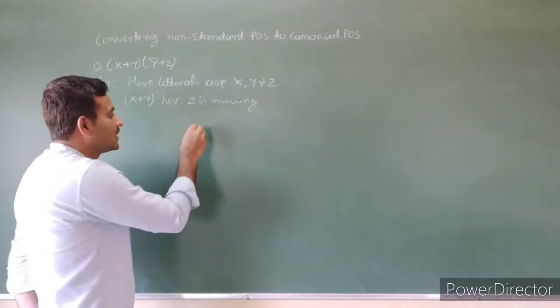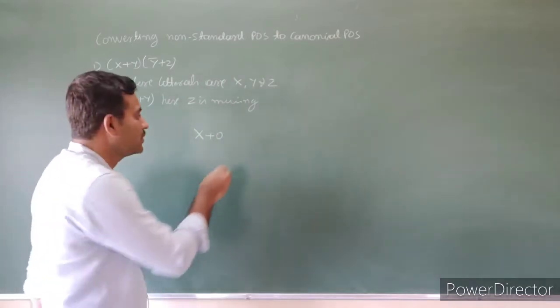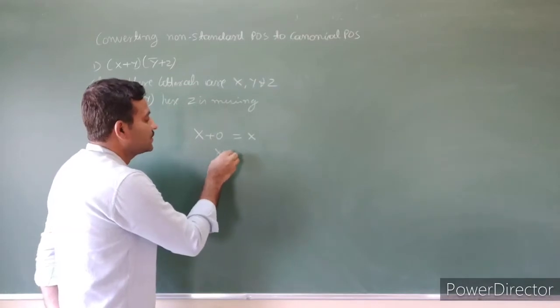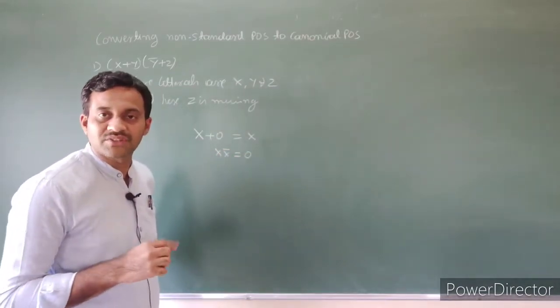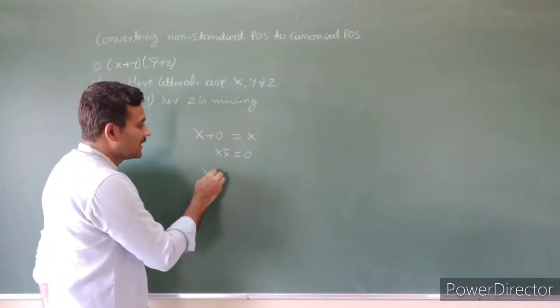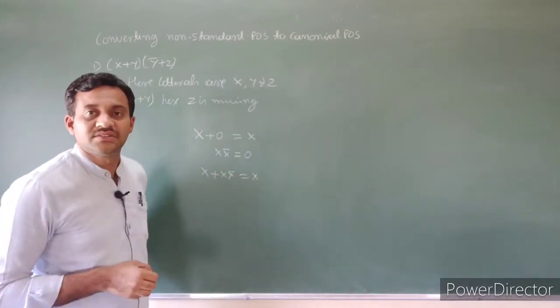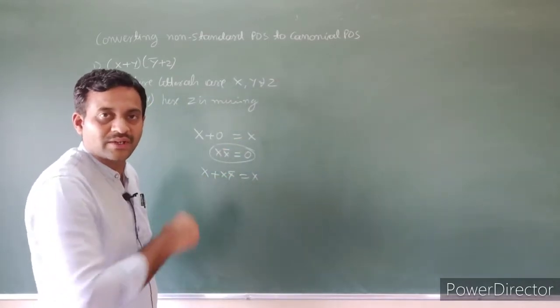How to add? We know that x plus 0 is equal to x. Also x into x bar is equal to 0. Can we replace 0 by x into x bar? That is, x plus x x bar is always equal to x. Using this, we add the missing term to the given expression.